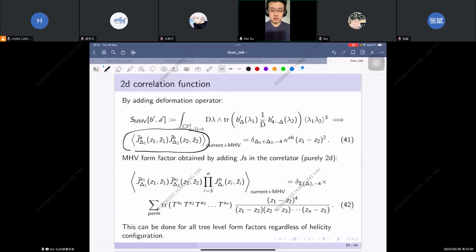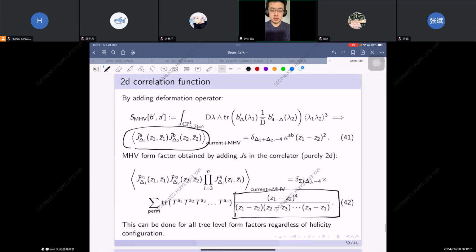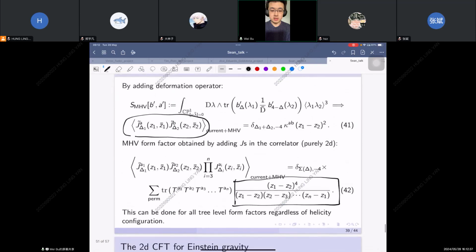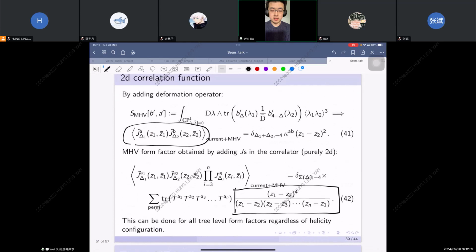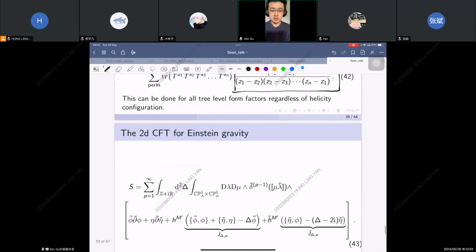And indeed, you find the MHV form factor. So this is the famous Parke-Taylor factor in Yang-Mills, 4D Yang-Mills, for example. And this can be done for any multiplicity, any helicity grading on tree level. You can add deformation operators to the CFT we got and just use the OPEs we have to rebuild part of the 4D scattering amplitude without the momentum conserving delta function.